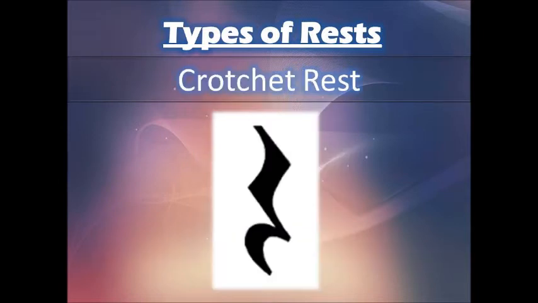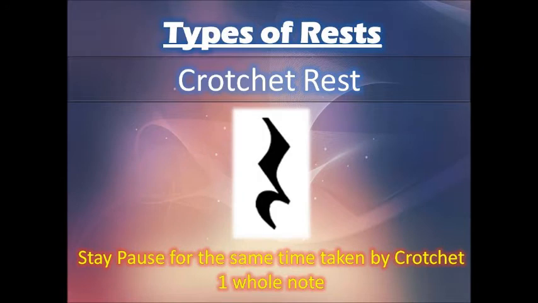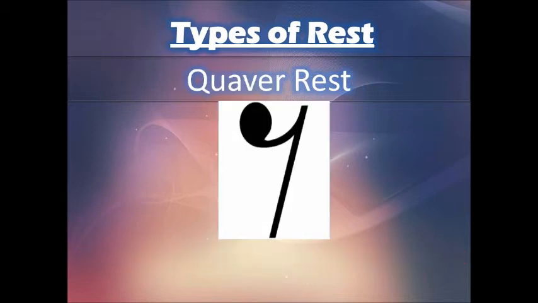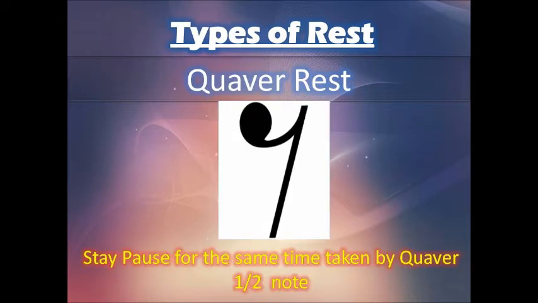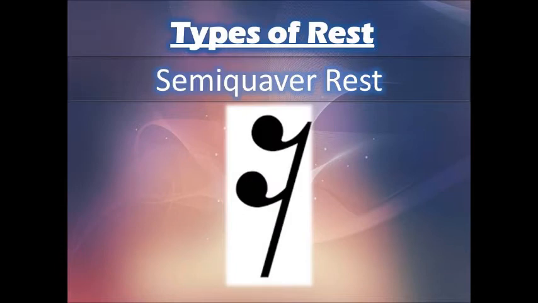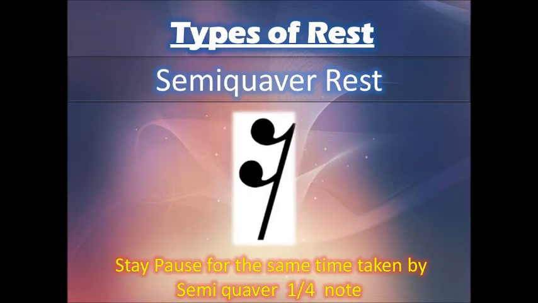A crotchet or quarter rest pauses for the time taken by the crotchet, or 1 beat. Quaver or eighth rest pauses for the time taken by the quaver, or half a beat. Semiquaver or 16th rest pauses for the time taken by the semiquaver.